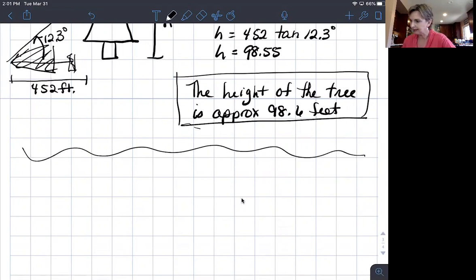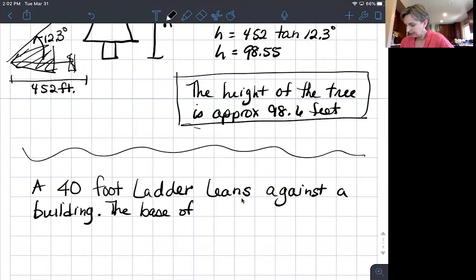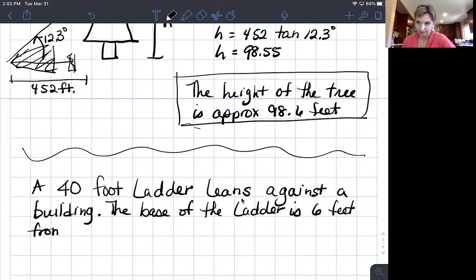Let's say we have a 40-foot ladder that leans against a building, and the base of the ladder is 6 feet from the base of the building.